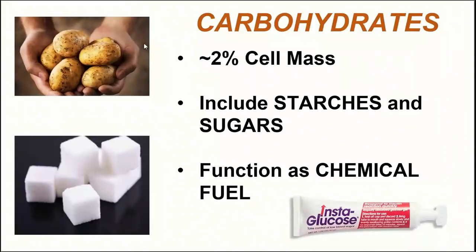Carbohydrates include things like starches, which are generally made by plants, and sugars as well. The main function of carbohydrates as a whole within the body is that carbohydrates function as chemical fuel. The main chemical fuel or main sugar fuel that's used by our body is glucose.